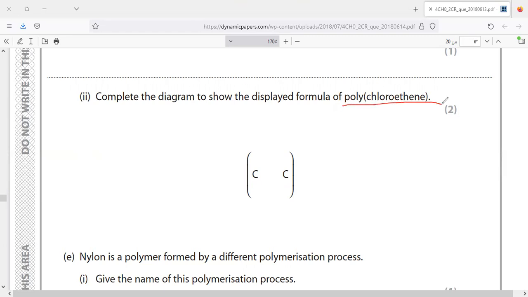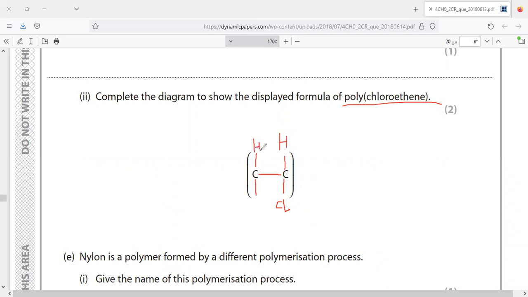I need polychloroethene, the polymer. We will make a single bond between the carbons, and a bond with chlorine. It must contain Cl down here, in any place, it doesn't matter. After that, the 3 bonds left will be hydrogen. That's all.